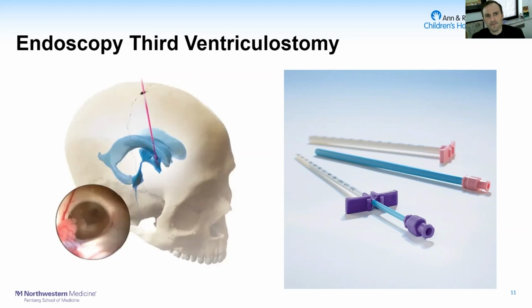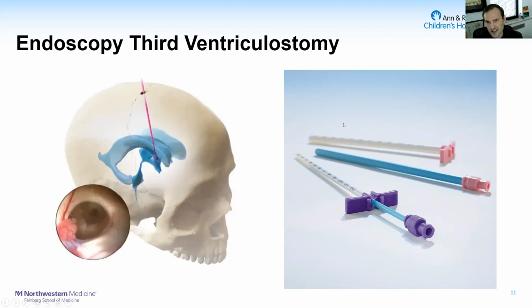As I mentioned, the most common indication for endoscopy in pediatrics is ETV, or endoscopic third ventriculostomy. Most commonly, we access the ventricles through a frontal burr hole, as if you're putting in an EVD or an external ventriculostomy drain. Some people like to use what's called a peel-away sheath, which you see here on the right side of the screen.